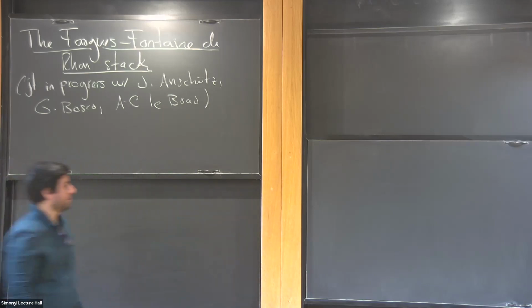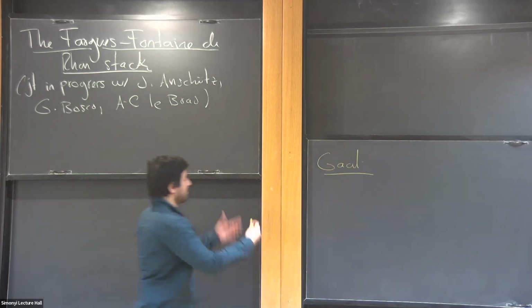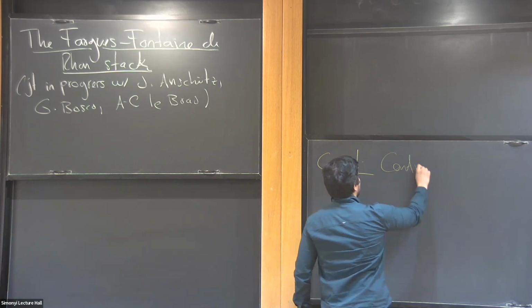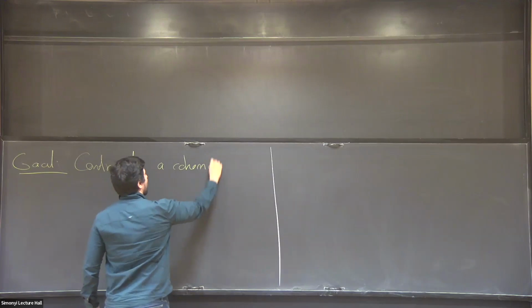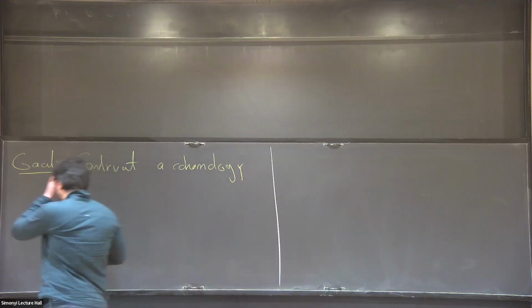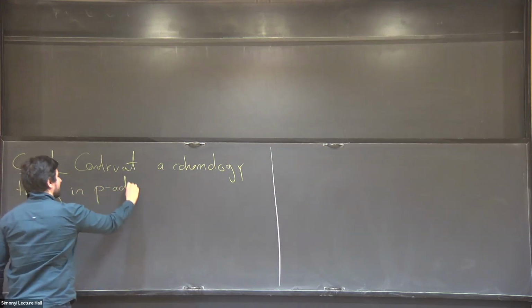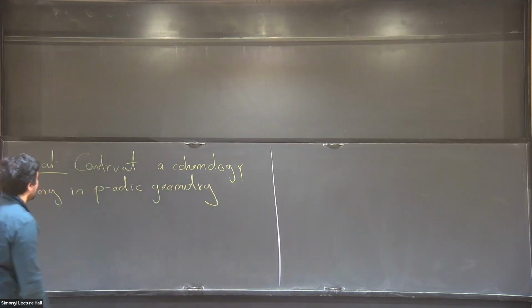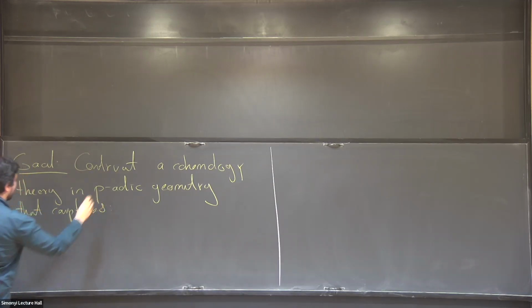So basically, the goal is to construct a cohomology theory in analytic geometry that captures the following kind of objects.